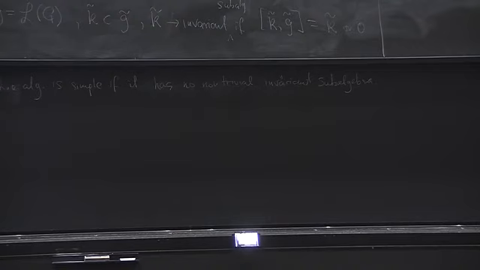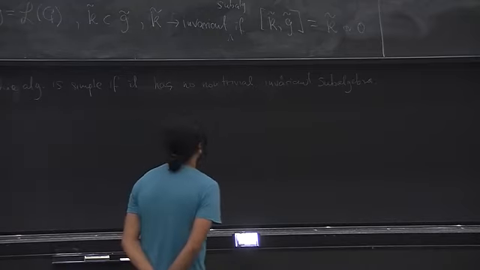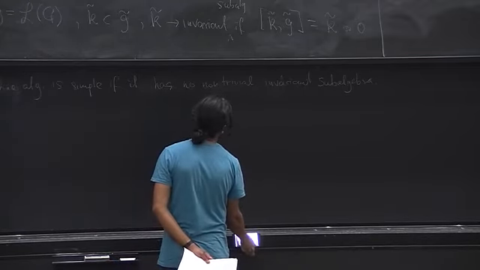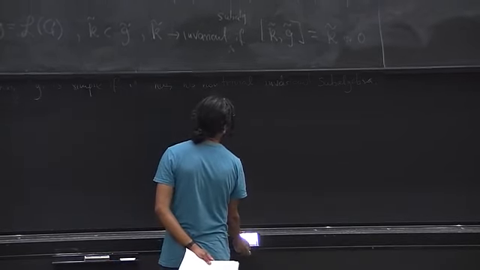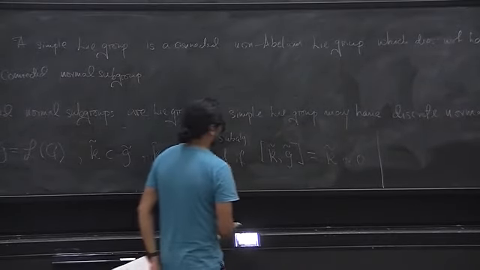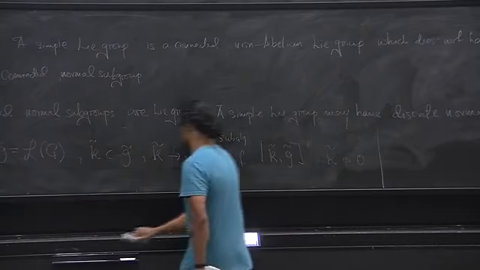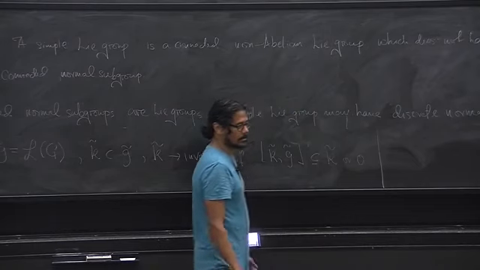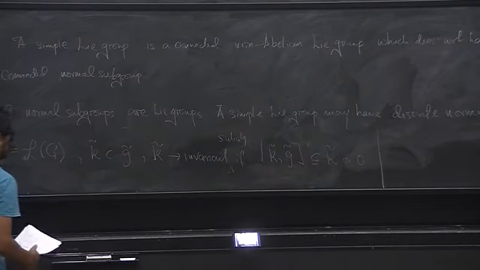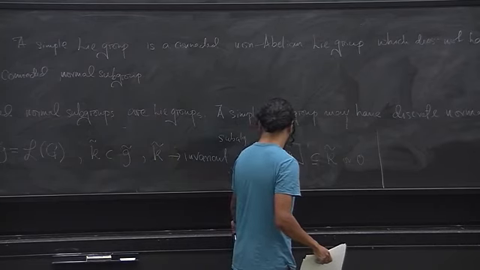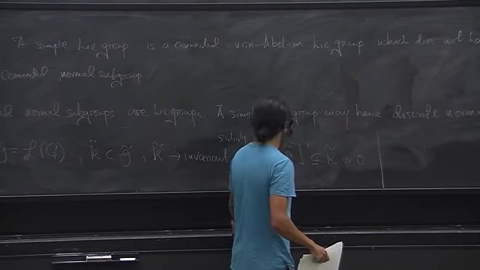Just a question. When we define the invariant subalgebra, is the commutator equal to K, or does it belong to K? Can it be a subset? Yeah, something like this, right? But then we don't need the zero part, actually. It wouldn't be a subalgebra if it didn't include zero.